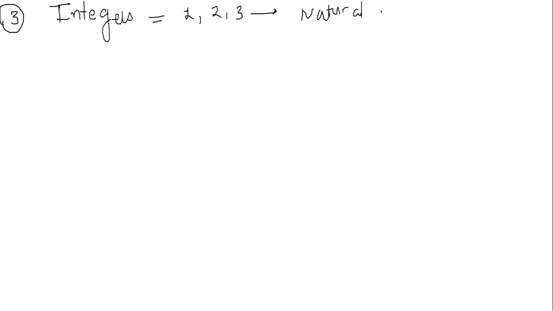The next type of number is the integer. Now what are integers? Integers are all the natural numbers, as we know natural numbers start from 1, including 0 and the negative counting numbers.